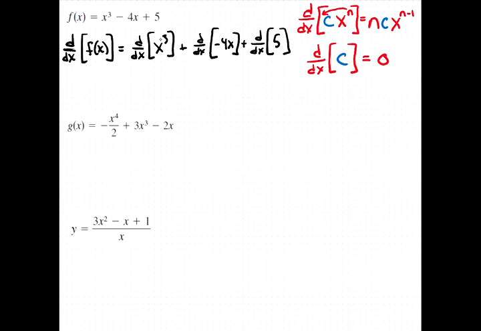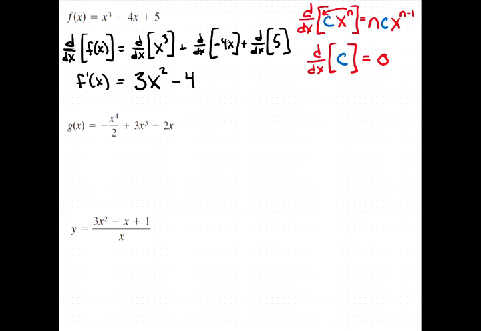Okay, so first term, derivative of x to the third. Well, the 3 pops out front, drops by 1. So f prime of x should be equal to 3 times x to the second power. And we'll take the derivative of negative 4x. So that's a minus 4 times x to the 0 power.